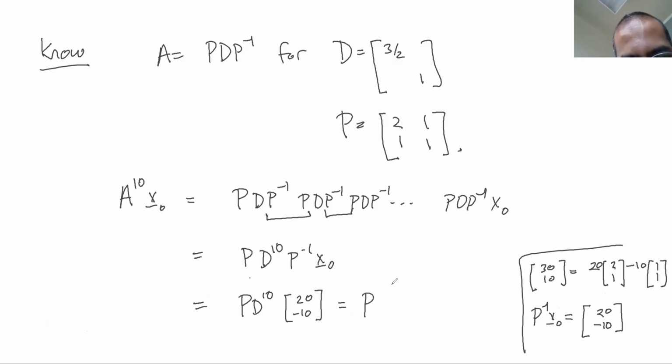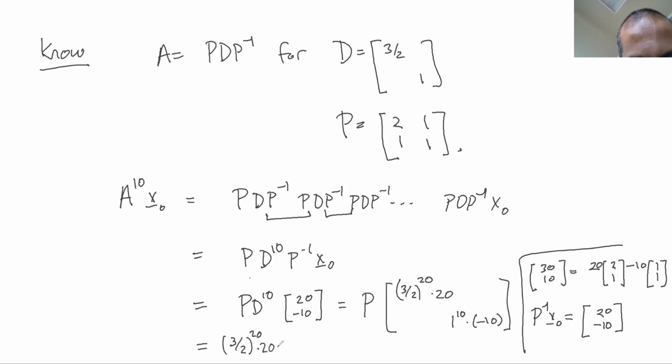So this is P times the vector (3/2)^10 times 20, and the other one is 1 to the 10 times minus 10. Then if you take the linear combination, that's (3/2)^10 times 20 times the vector 2, 1, minus 10 times the vector 1, 1.